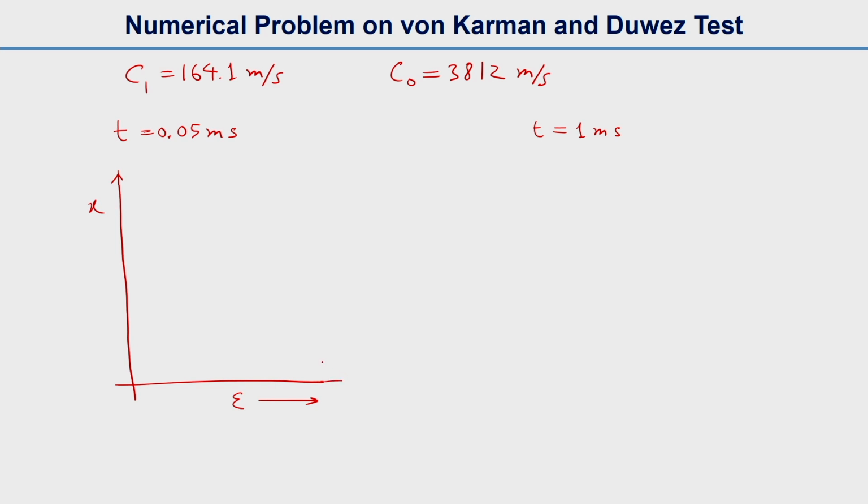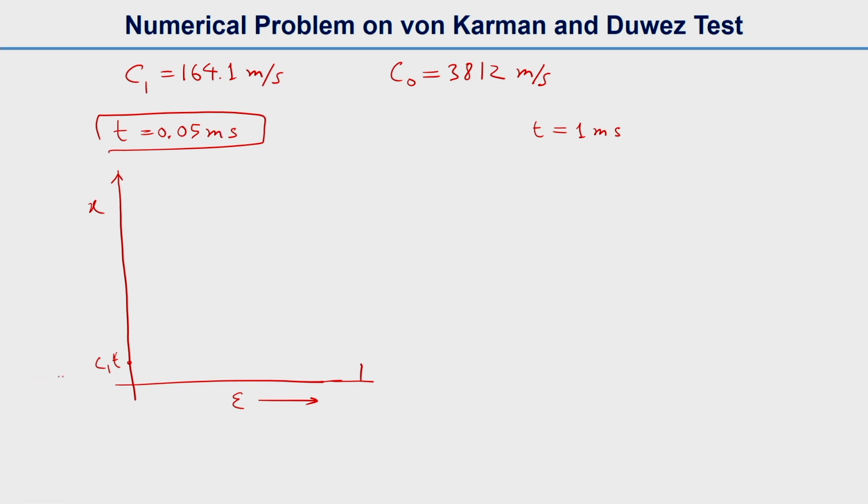For the 0.05 millisecond one, first we need C1 t, with t equal to 0.05 millisecond.